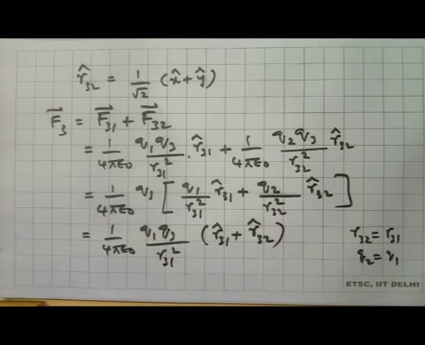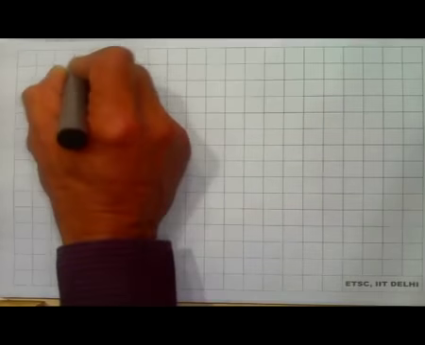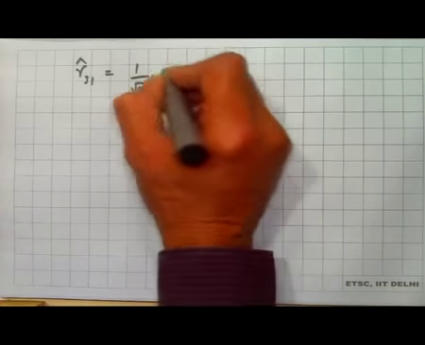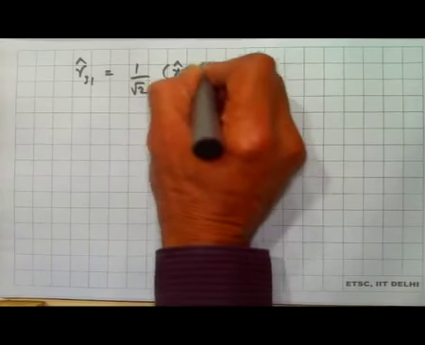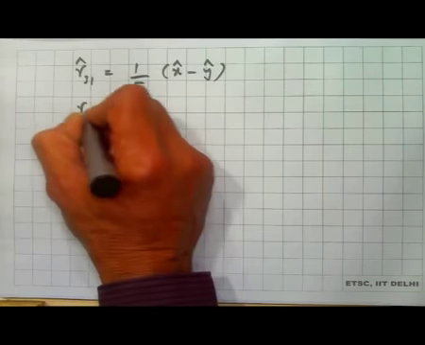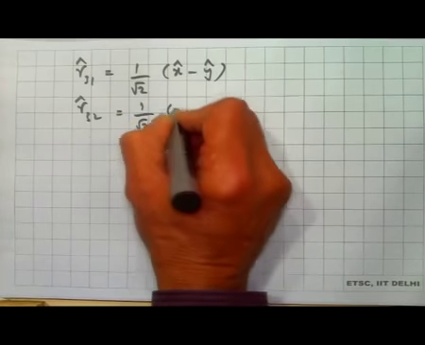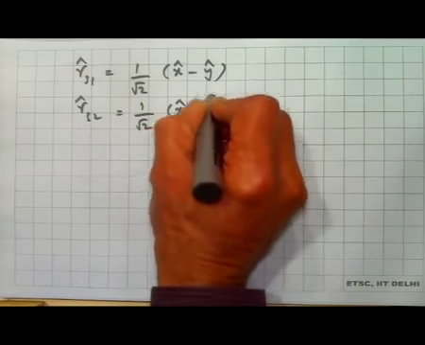Now, what is r 3 1 cap plus r 3 2 cap? We have already calculated the two quantities. R 31 cap is 1 by root 2 x cap minus y cap, R 32 cap is equal to 1 by root 2 x cap plus y cap.